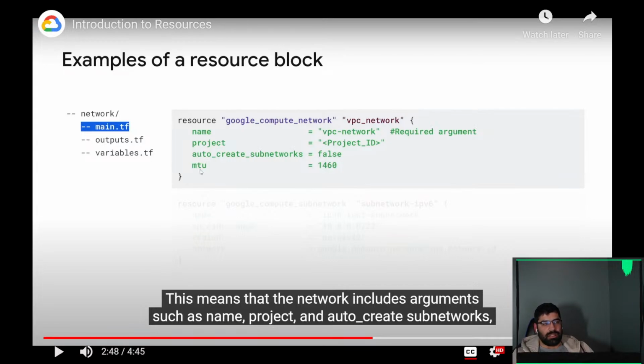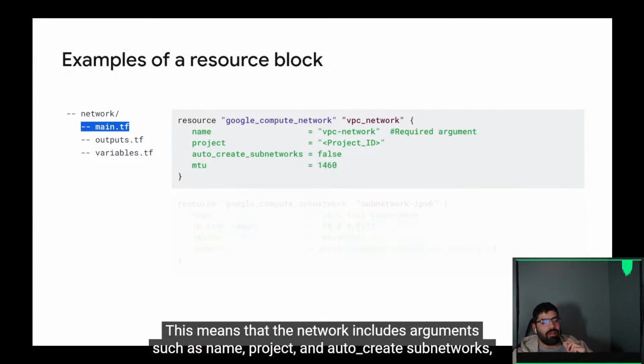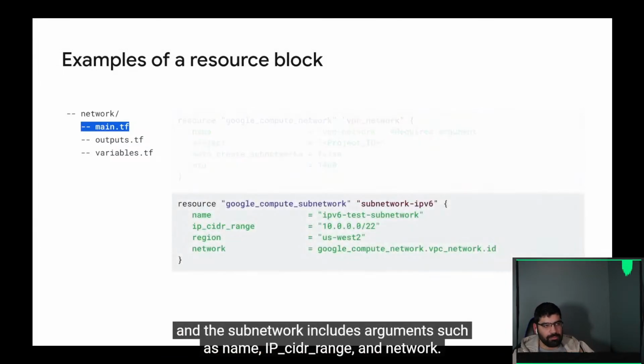Based on that, these things will change. The network includes name, project, and auto-create subnetworks. And the subnetwork includes arguments such as name, IP CIDR range, and network.